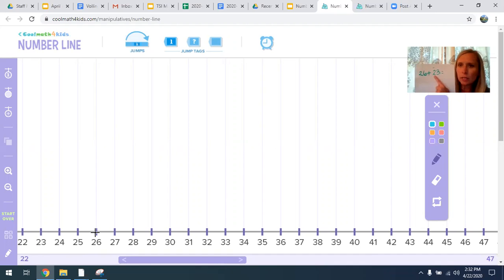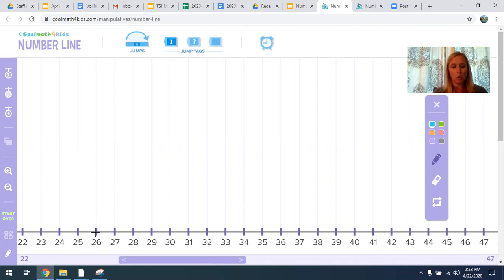Now I'm adding 23. How many tens are in 23? There are 2 tens in 23. So I am going to skip over 2 tens when I'm adding it to 26. Remember, when we skip count and we add 10, the only thing that changes is the number in the tens place.